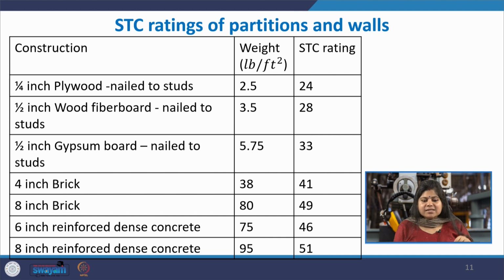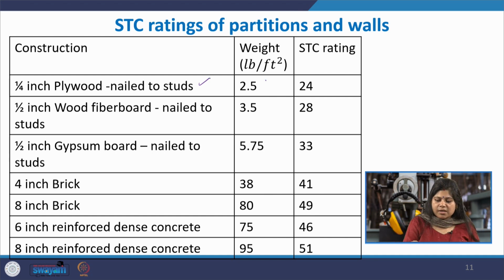So, whenever the STC rating of a particular partition or wall is given, the material used to make it is specified, the thickness is also specified, and how it is mounted or its boundary conditions at the edges are also specified, and that completely gives you this particular partition and this becomes your STC rating.